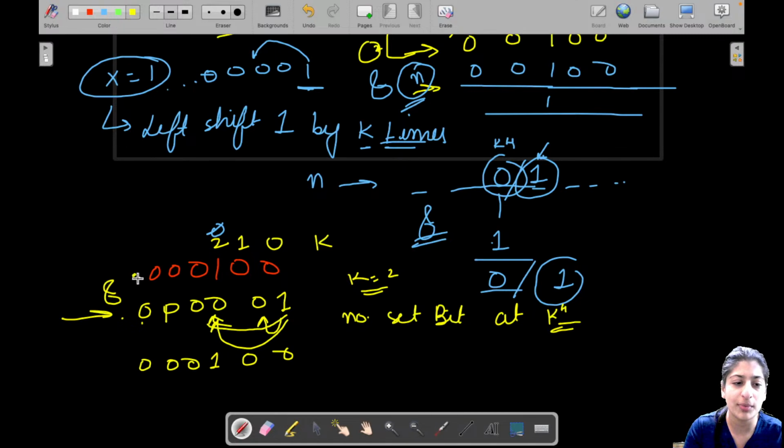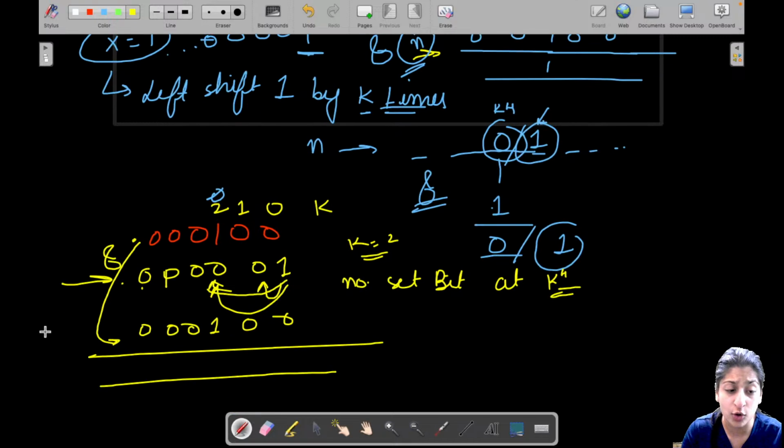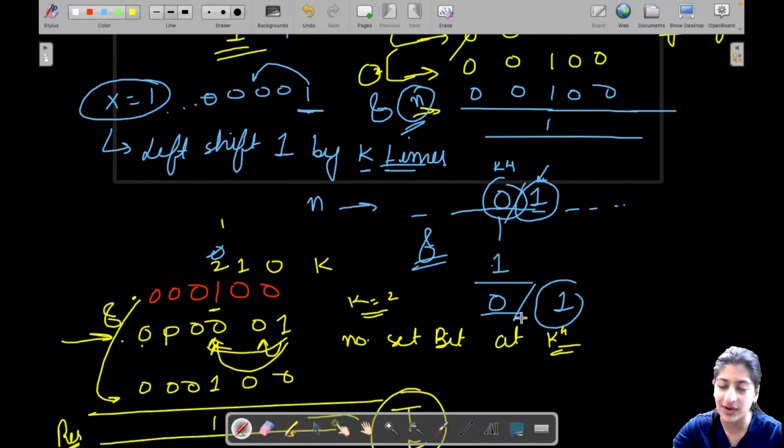Okay, so when you do bitwise AND of these two numbers, you will only get the result as 1 if kth index has set bit in the original number, and 0 if it doesn't have set bit at kth index. So if it is 1, you return true, otherwise you return false. This is one way. Fine.